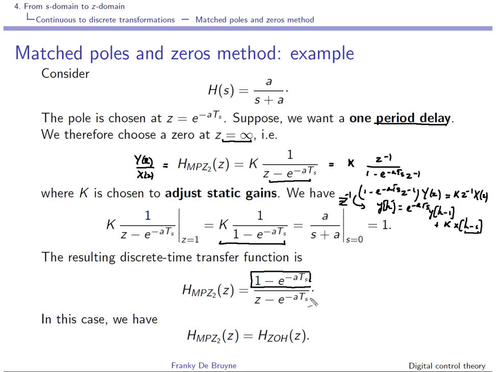And in this case, this matched pole and zero method, with this zero at infinity, coincides with the zero order hold equivalent, which itself coincides with the step invariance equivalent.